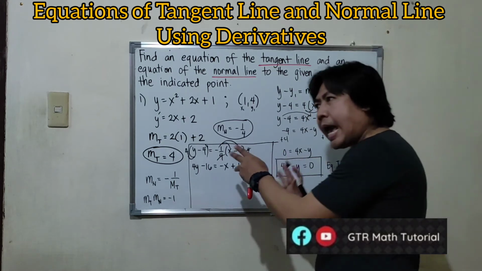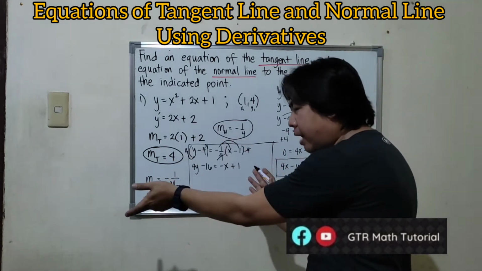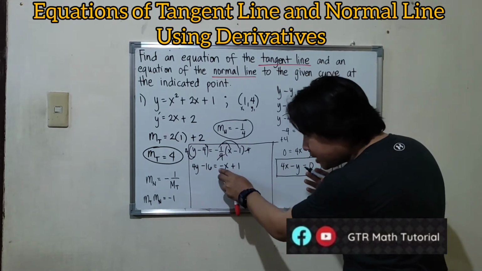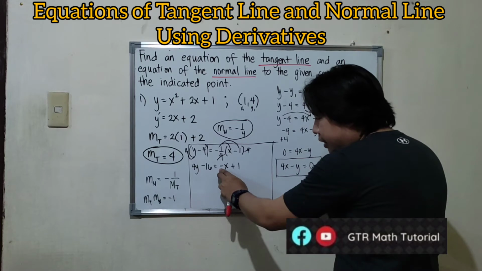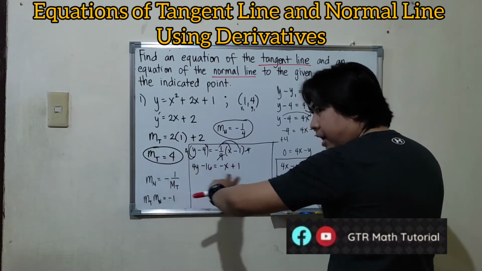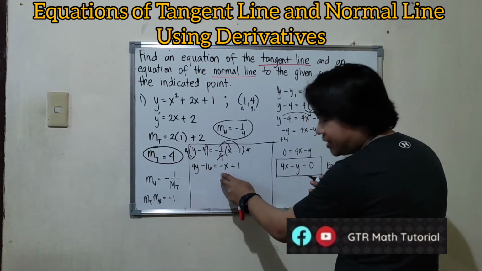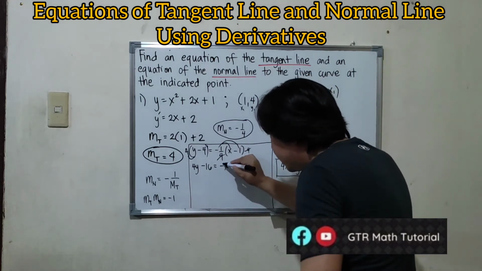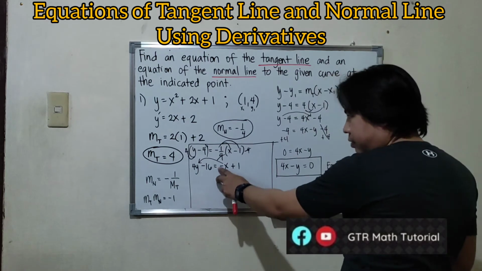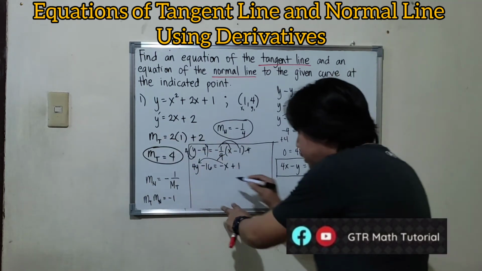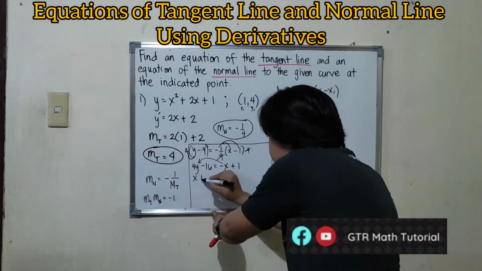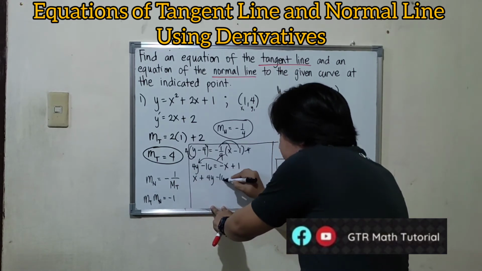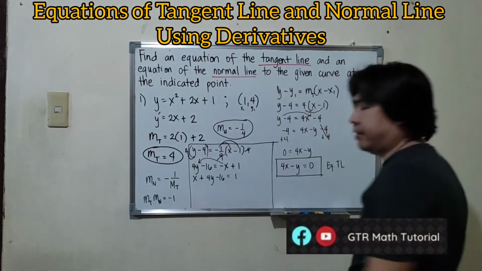Combine the x and y to the left side and the numbers to the right side. Since x here is negative, let's put negative x to the left side so that it becomes positive. So add x to both sides, or simply transpose negative x to the left side. So we have x plus 4y minus 16 equals 1.